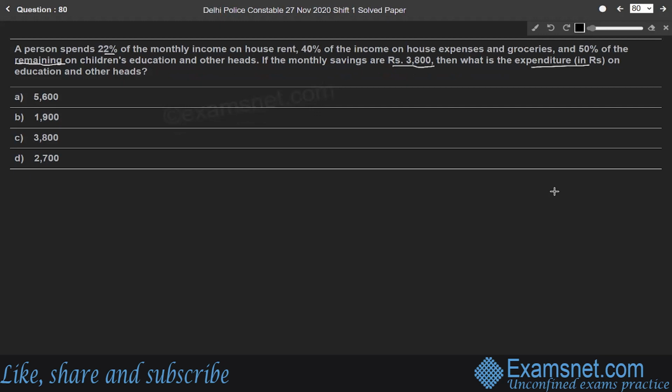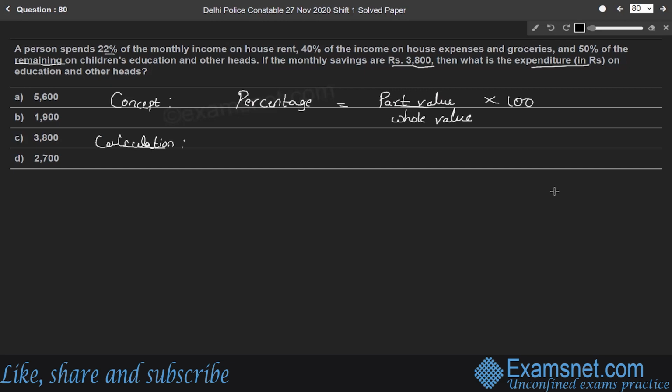Here, we are using the percentage concept. Percentage is equal to part value by whole value into 100.